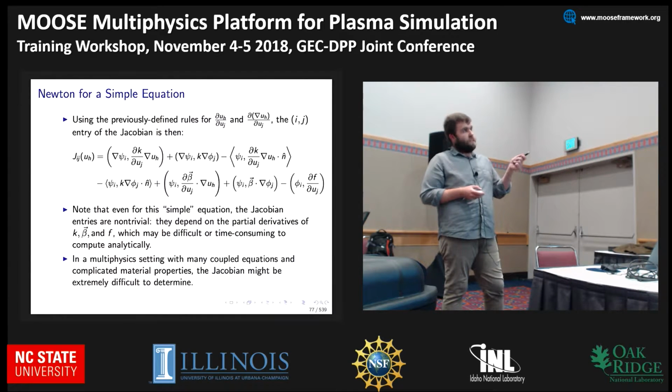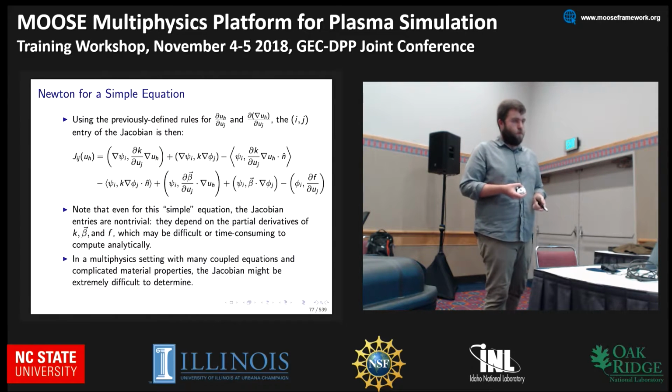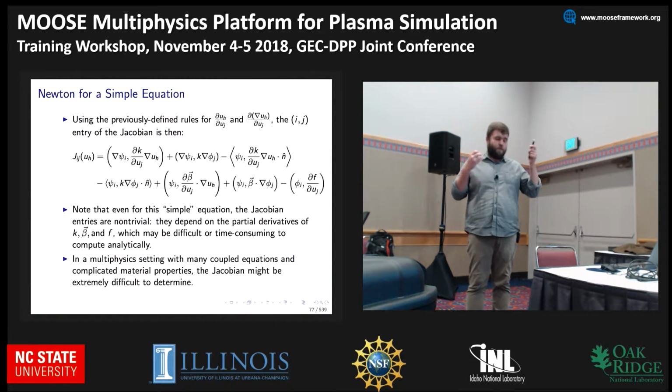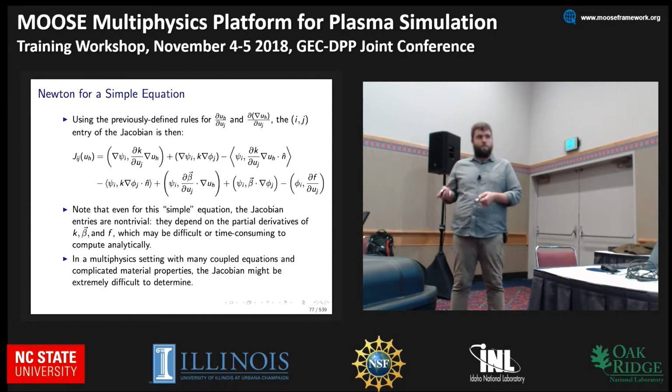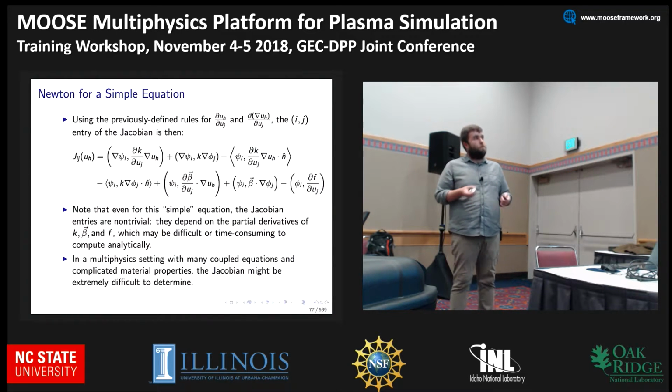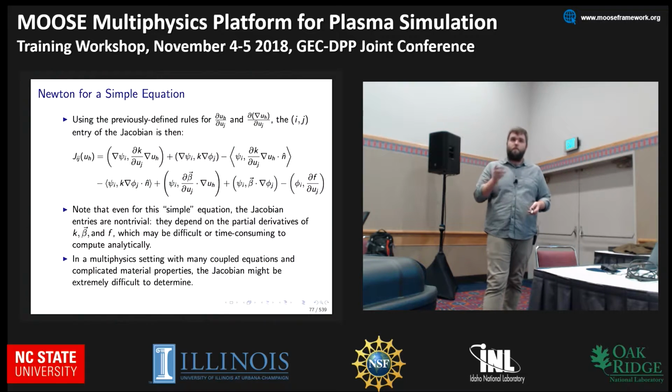We can get the Jacobian for this, and for a simple equation you might have a nontrivial Jacobian. You're taking the derivative of that, and so your Jacobian statement would simply be your coefficient times your basis function. But if you have a coupled term, then you're going to have to consider the Jacobian contribution for each individual coupled term.